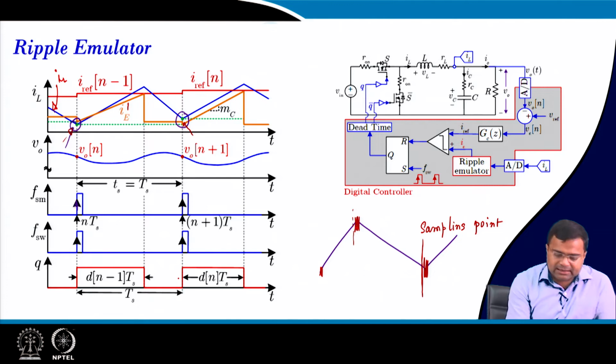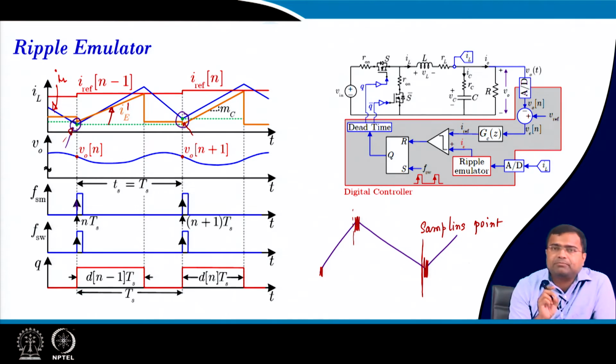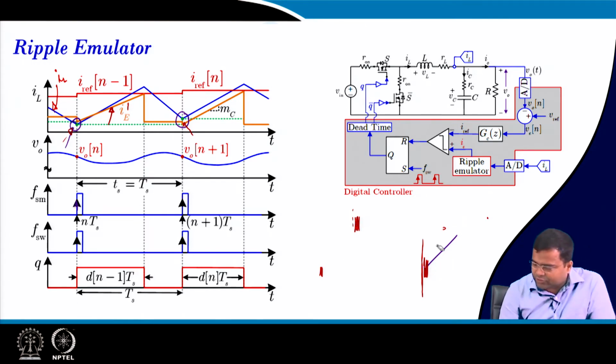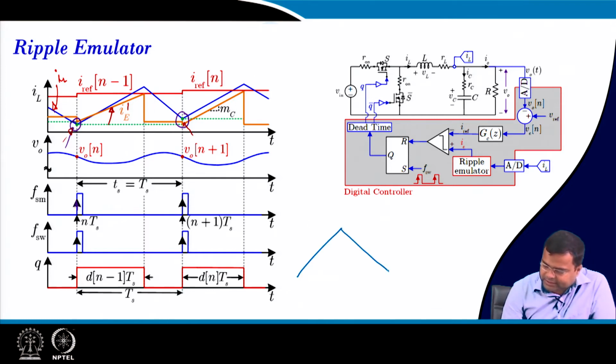And you can see this particular waveform indicates the sawtooth waveform that is actually used inside the digital controller. That means, if I want to draw, let us say this conceptual point. So, suppose I am just considering the inductor current like this.